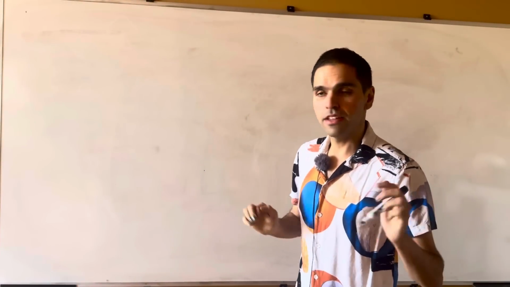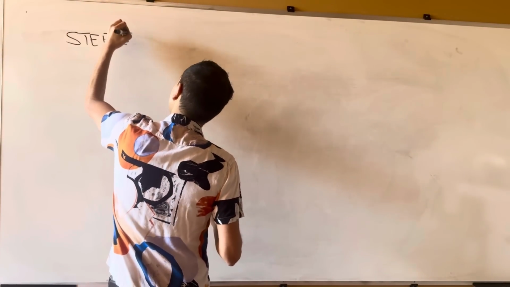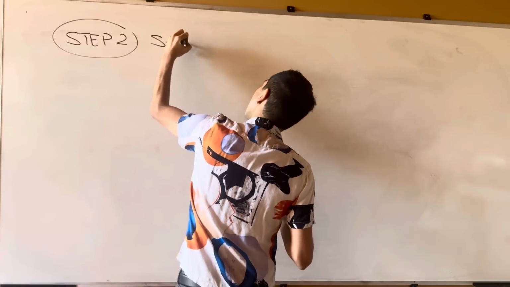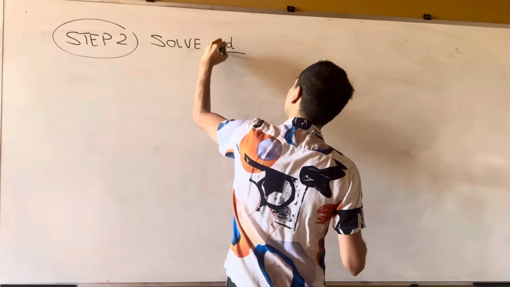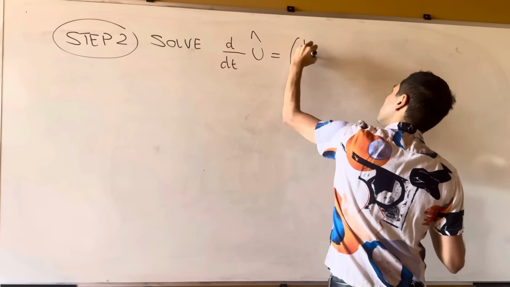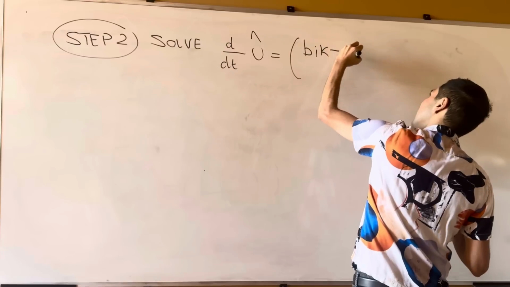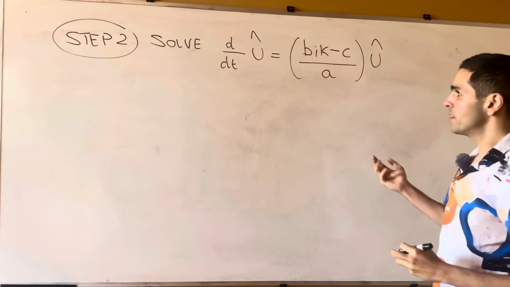So the next step is to solve the ODE. So step 2, solve d over dt of u hat is (b i kappa minus c) over a times u hat.